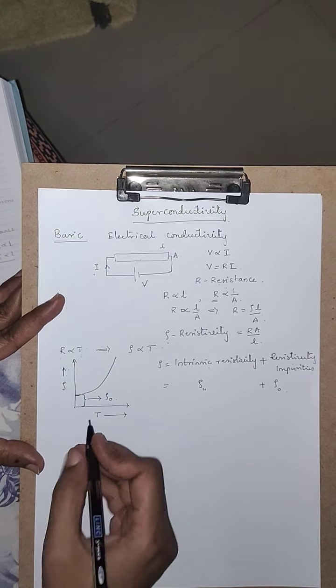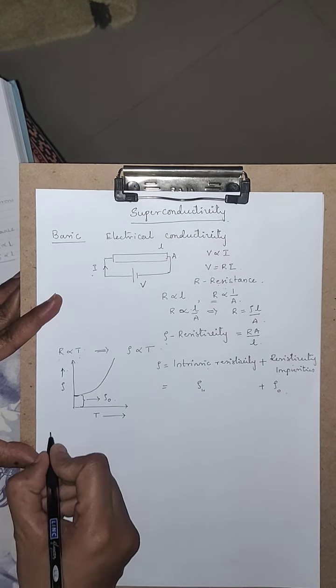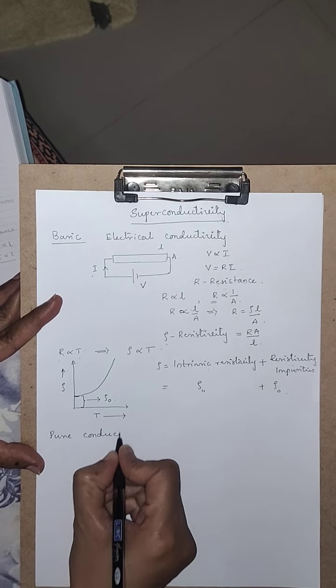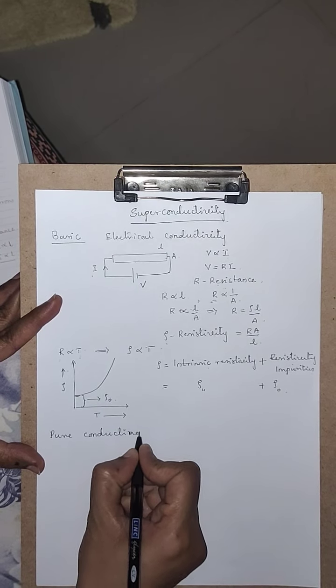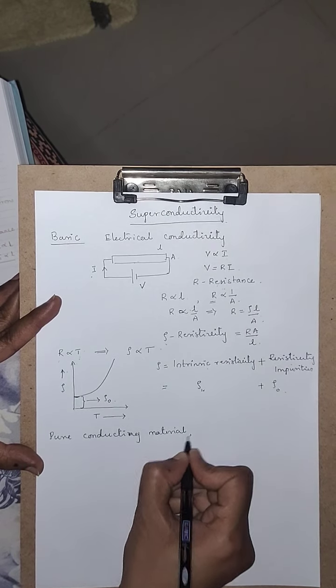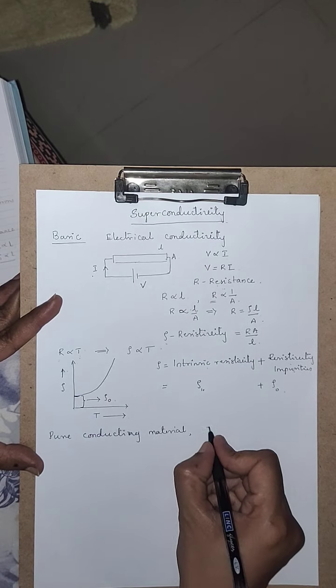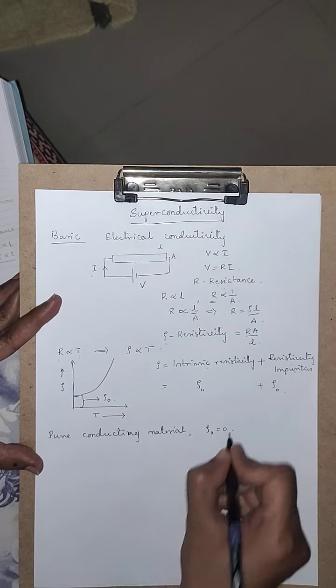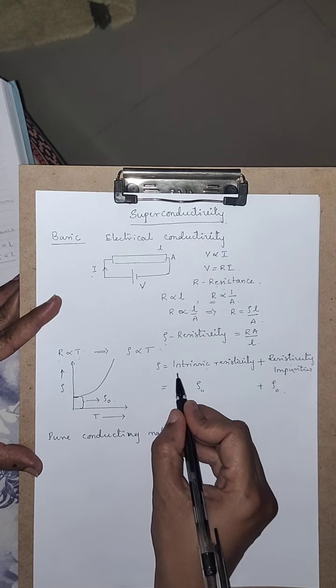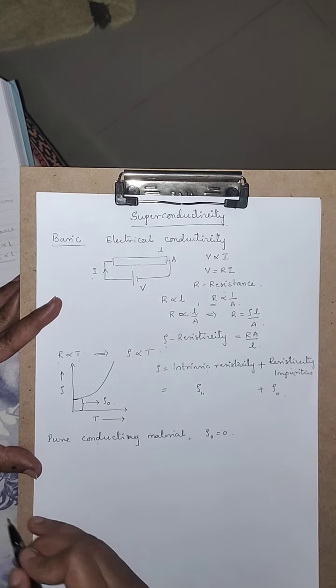Now, if we take a pure conducting material, pure conducting material means the resistivity due to impurities is 0. So this material will have only the resistivity due to the material itself.